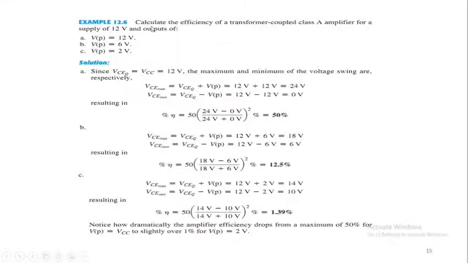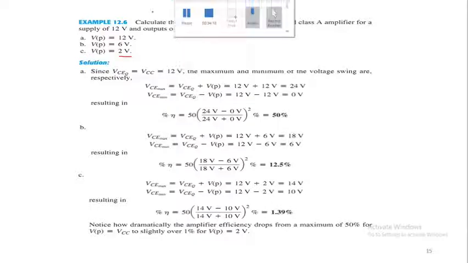Now, this example says calculate the efficiency of a transformer coupled class A amplifier for a supply of 12 volt and outputs of VP equal to 12 volt, VP equal to 6 volt, and VP, meaning the peak value voltage, equal to 2 volt.